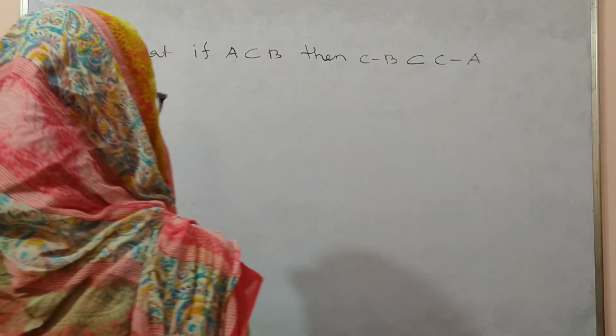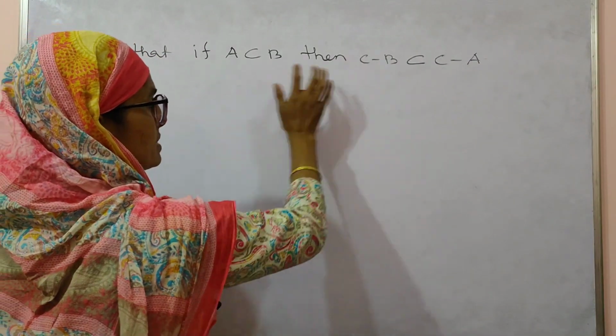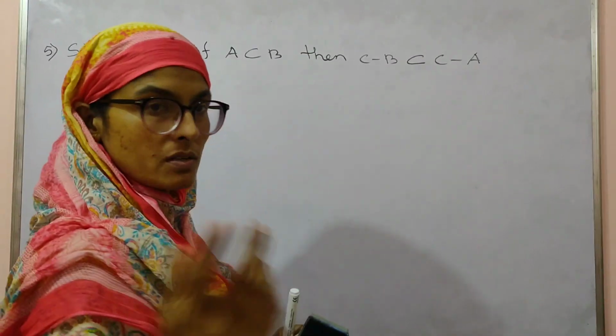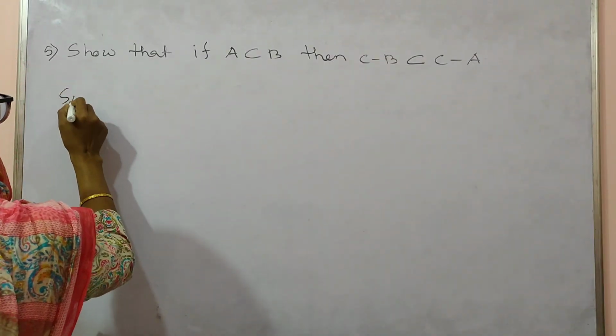Number 5, show that if A is a subset of B, then C difference B is a subset of C difference A. Write down.